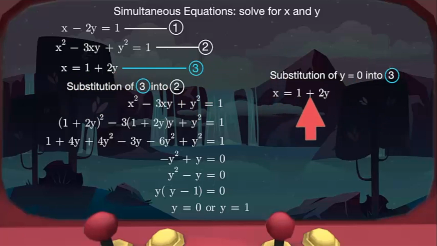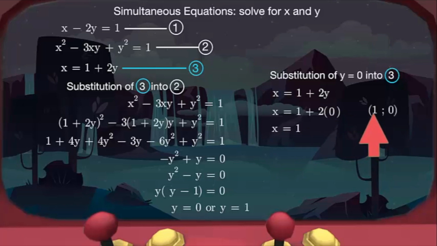x equals 1 plus 2y. Then I'm going to say x equals 1 plus 2, and in brackets I'm going to put that 0 in the place of the y, and when I do this I get x equals 1. And there we go. And if I want to write it as coordinates, when x is 1, y is 0, or when y is 0, x is 1.